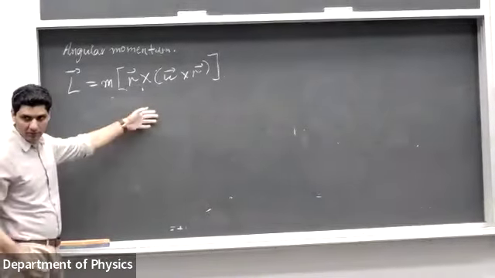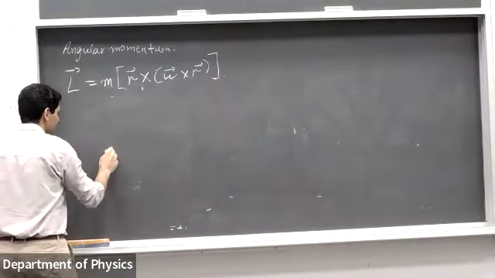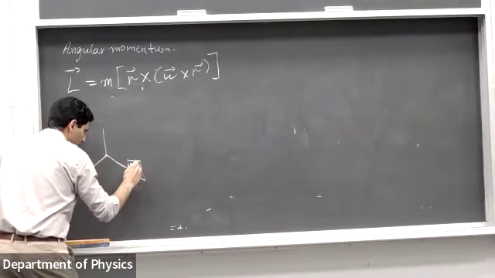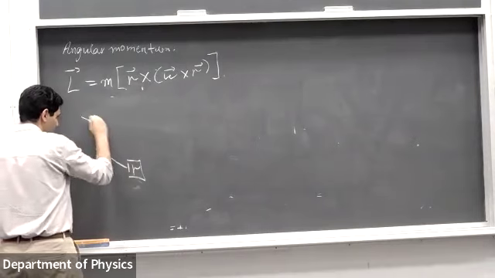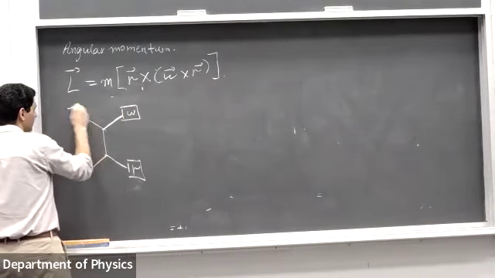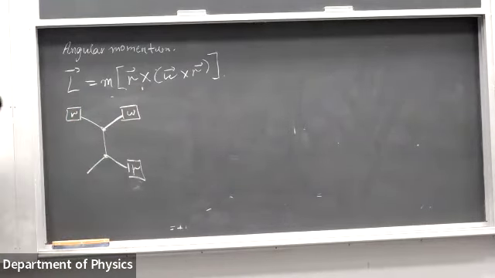Okay, let's write out this triple product in our notation. So the way triple products work was this is r crossed with omega.